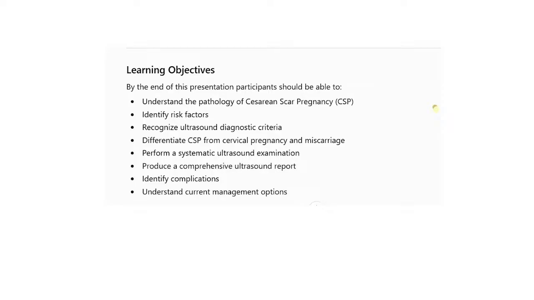You should perform a systematic ultrasound examination, produce a comprehensive ultrasound report, and identify possible complications. Understanding current management options is also very critical, because if you see it, you can easily communicate with the relevant authorities or the people in charge.